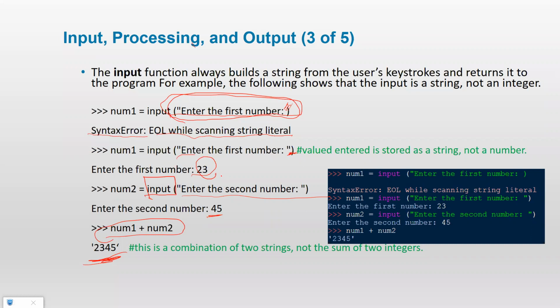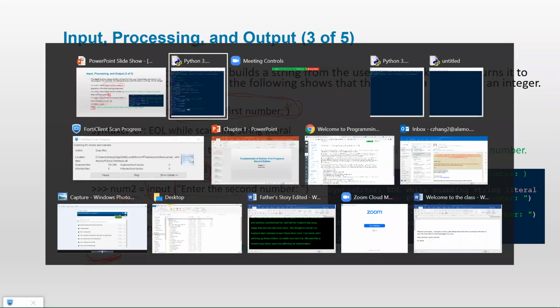Whatever you input is saved as a string into that variable. Even if you think you are entering a number, it's saved as a string in num1. That's why when you add those two strings together, it gives you this. Okay, so let's do that.